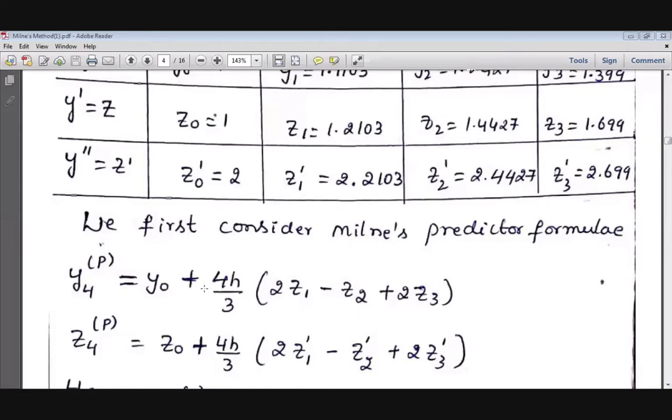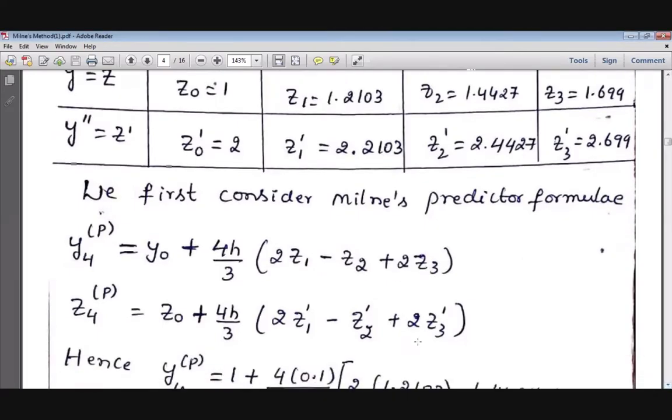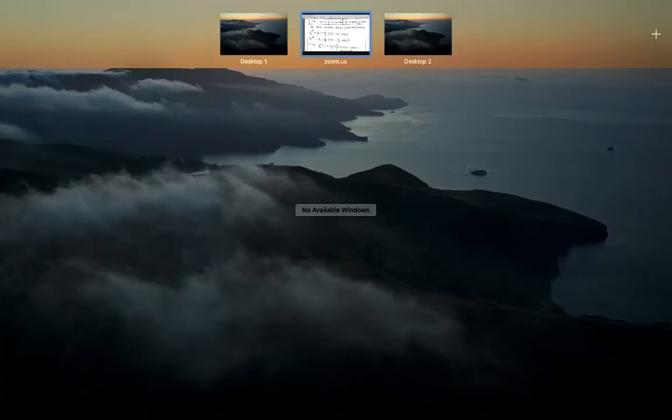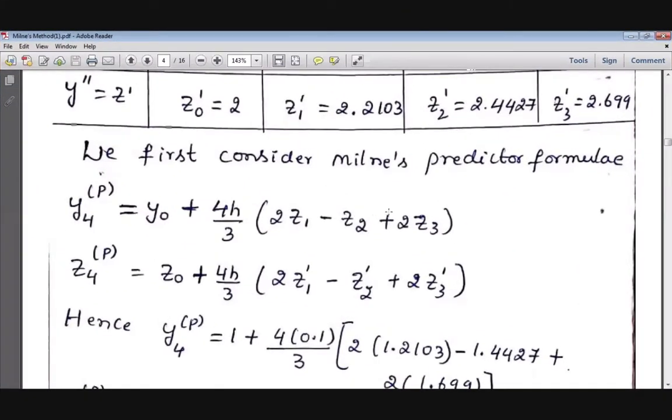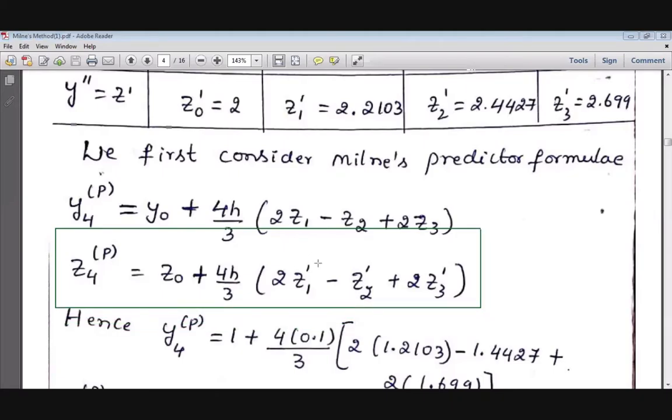Next, what is z4 of p formula? Z naught plus 4h by 3 into 2z1 dash minus z2 dash plus 2z3 dash. This is the formula. You will substitute the values. It is similar to the previous Milne's method only. The only thing is one more formula. This is an extra formula.